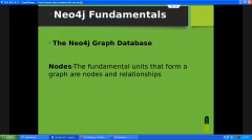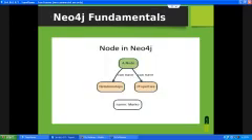Nodes are often used to represent entities, but depending on the domain, relationships may be used for that purpose as well. This is a simple diagrammatic representation of a node. A node can have relationships and have properties defining any node in the graph database.